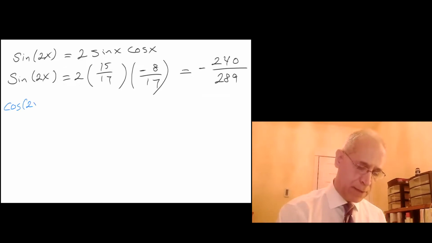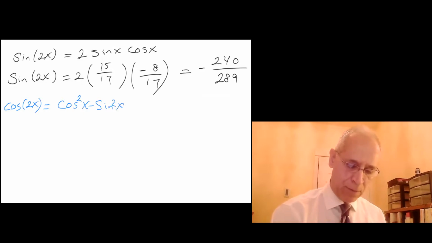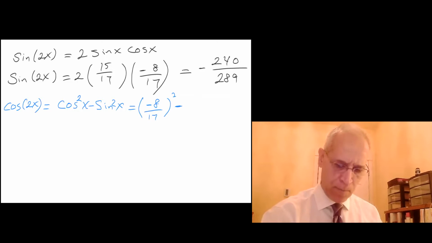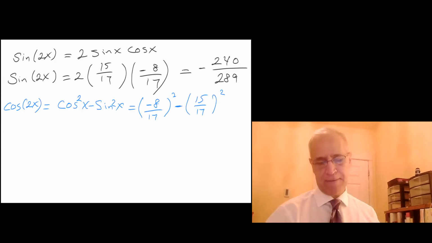Now, how about cosine of 2x? Cosine of 2x equals cosine squared of x minus sine squared of x. That equals minus 8 over 17 quantity squared minus 15 over 17 squared.